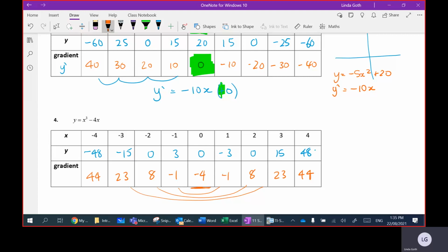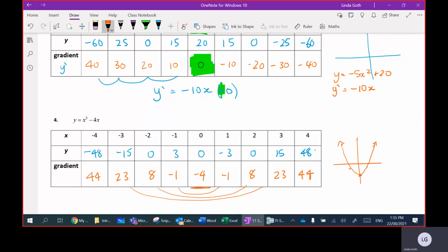So if I had drawn this up, I'd have 0, -4, I'd have 1, -1, I'd have 3, 23, and -3, 23. So I'd have a parabola like this, and it's not immediately obvious what that parabola is. Good on you if you worked out what it was.